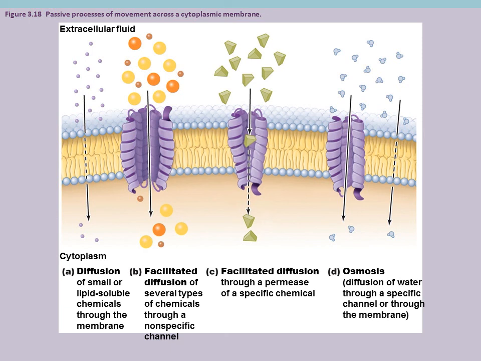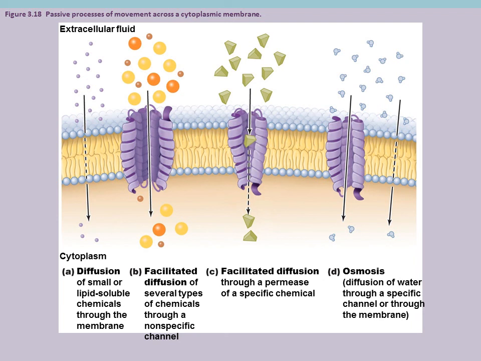Things that are hydrophilic, that easily dissolve in water, are going to have problems. And so those that are hydrophilic will often pass through some of these embedded proteins that act as channels. Think of like somebody stuck a straw in and there's a pore in the middle, and in the middle things that are hydrophilic now can easily pass through.